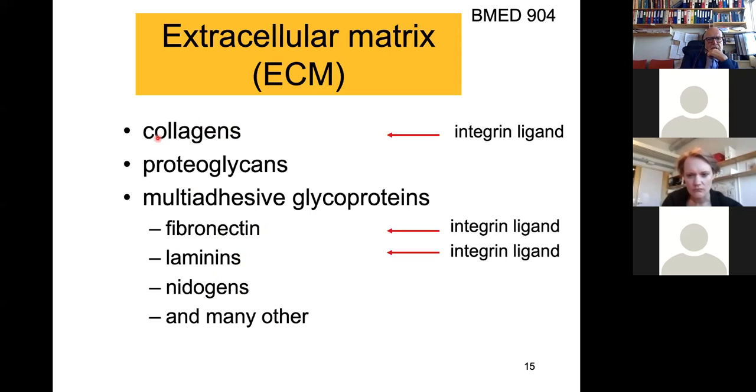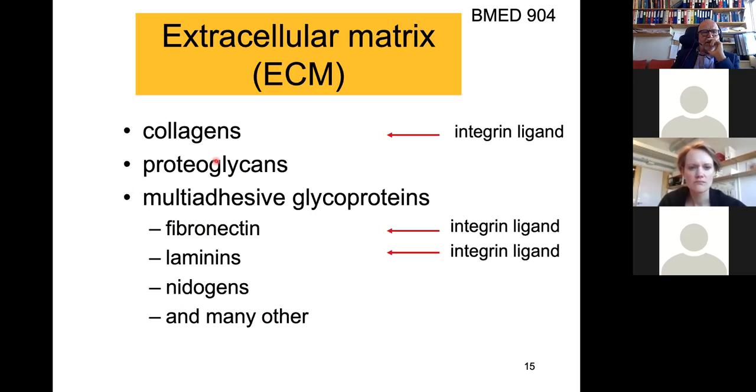Collagens are also integrin ligands. Not all of the 28 collagens bind to integrins, and cells usually have a restricted set of collagen receptors. So it's not as adhesive as fibronectin, which, as we said, has many different integrin receptors.